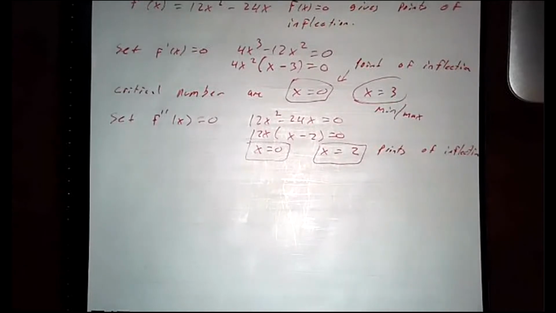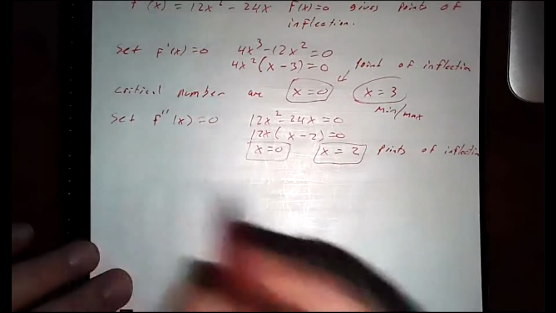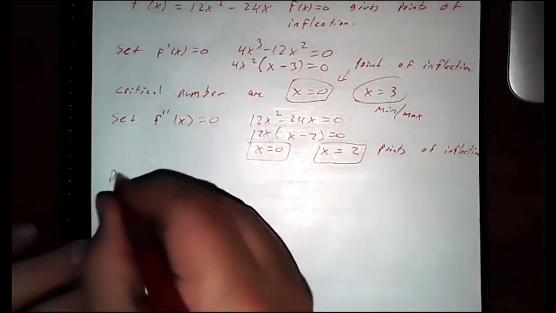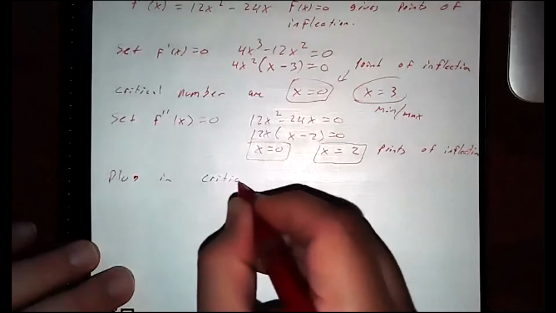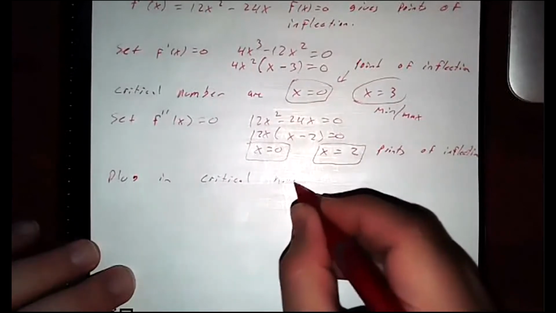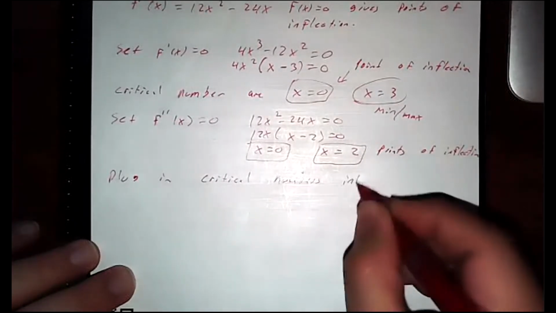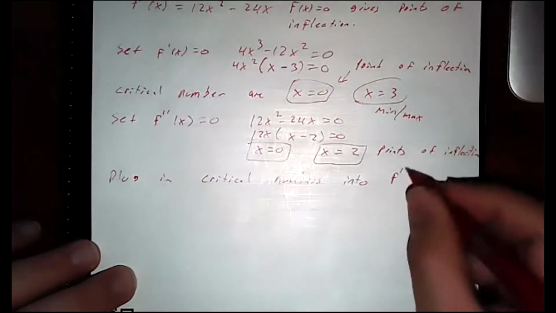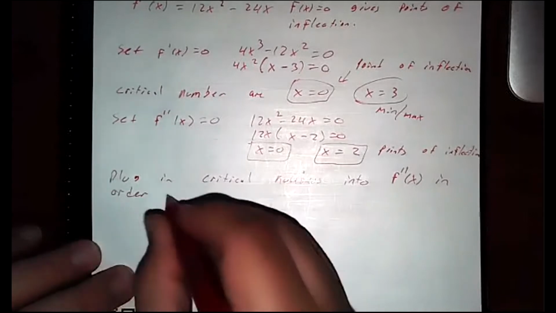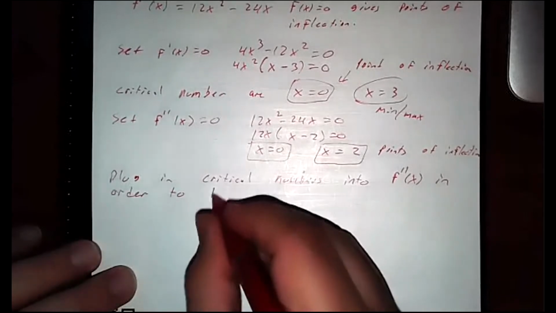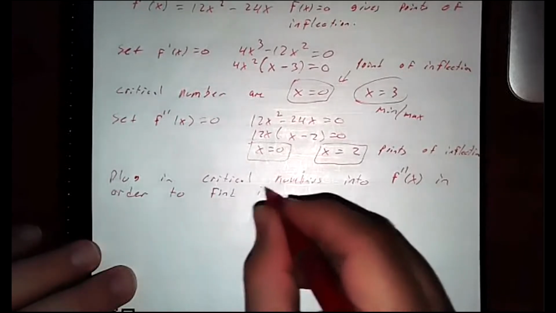Okay. So plug the critical numbers into f double prime in order to find its concavity.